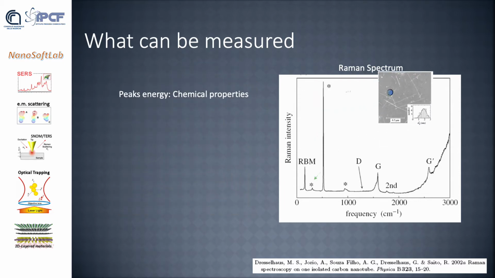For example, these three peaks here, this one, and this band, are related to the presence of the substrate, silicon. These other modes are instead related to the presence of carbon nanotubes. And in particular, this RBM mode is related to the diameter of the carbon nanotube. Its energy is dependent on the diameter of the carbon nanotubes.